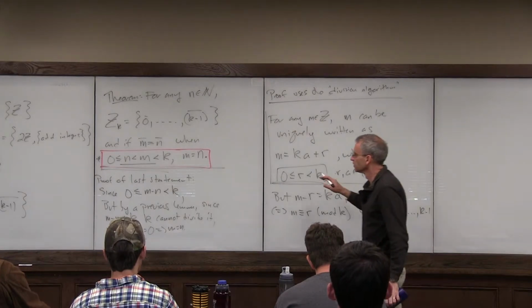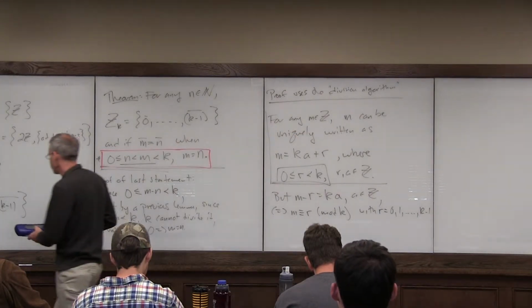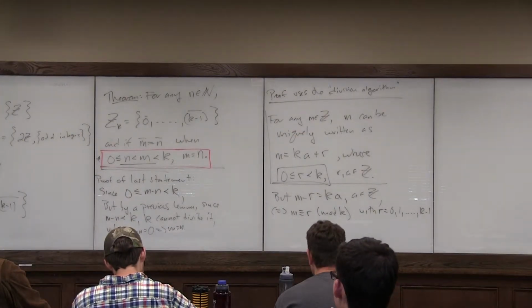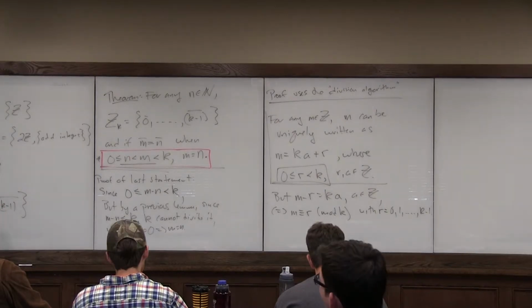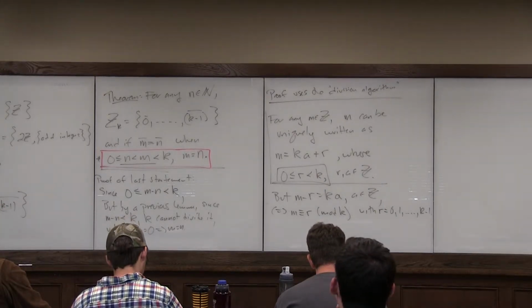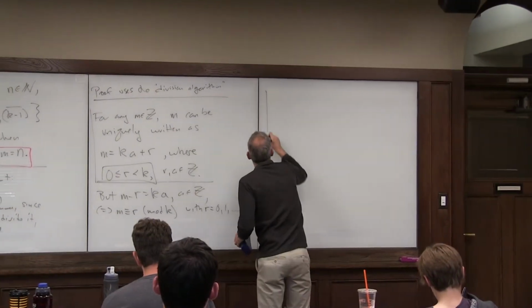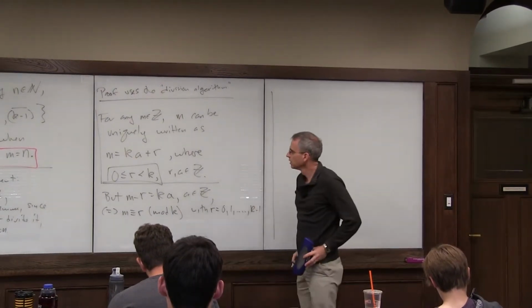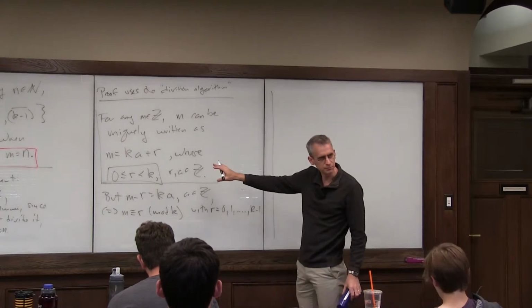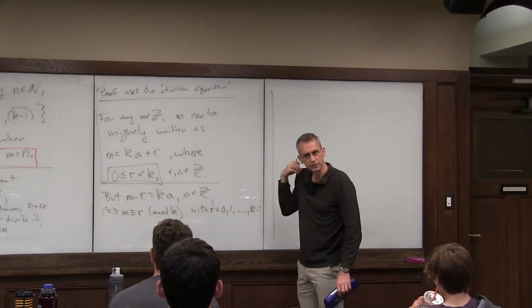So the summary of this is that Zk looks like this, and all of these are unique, different elements. Okay, so everybody pretty much got the idea here.